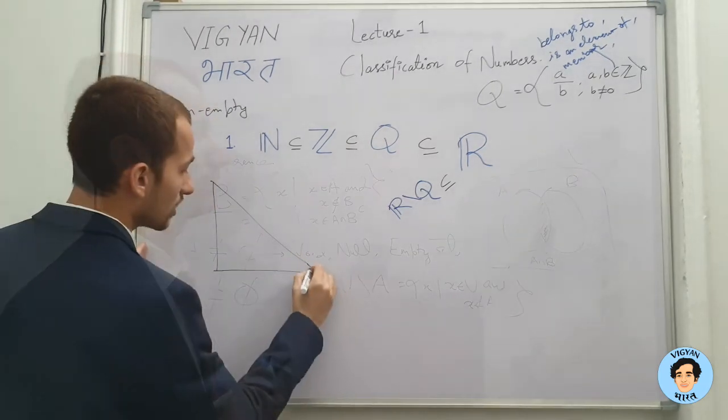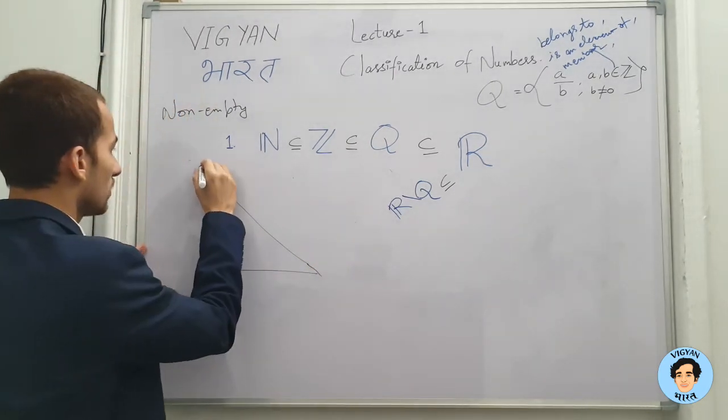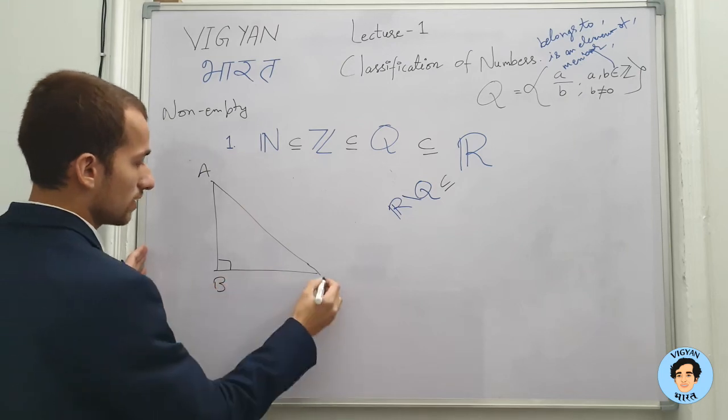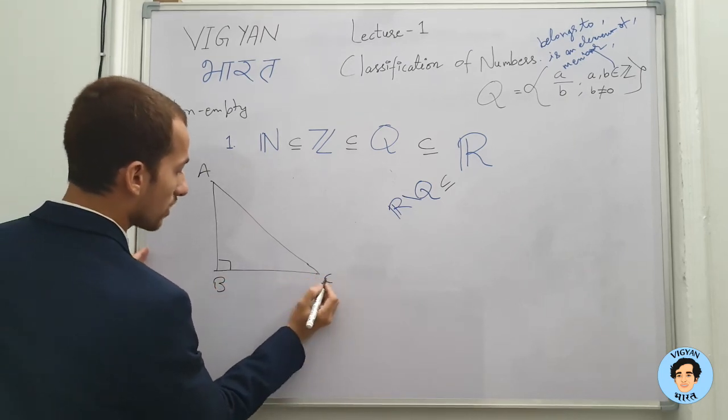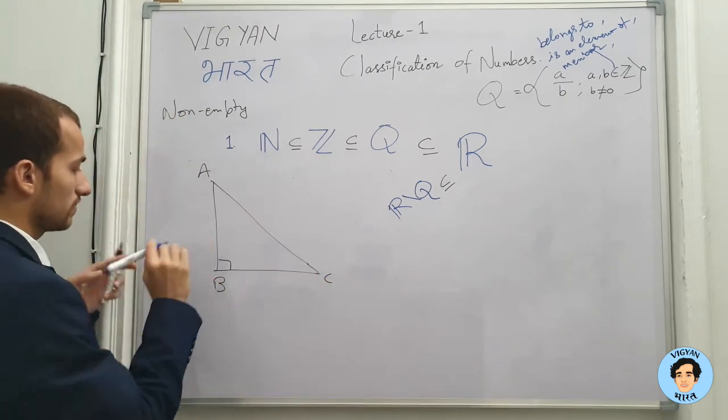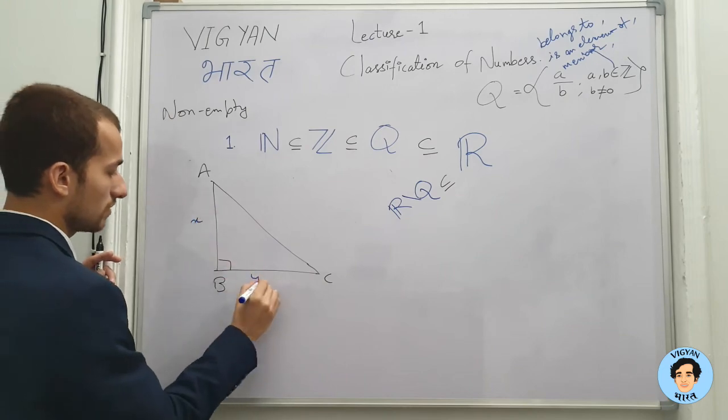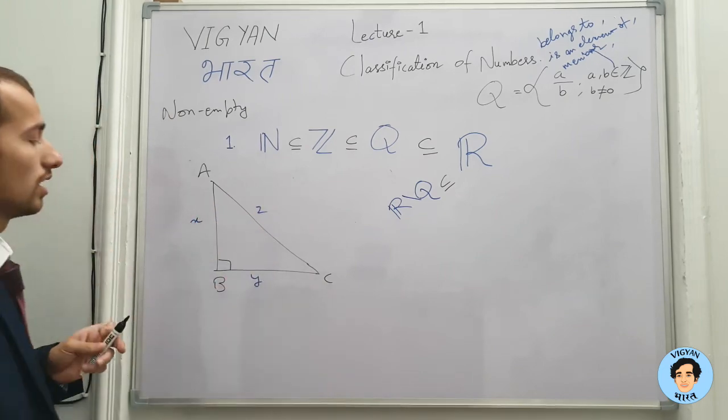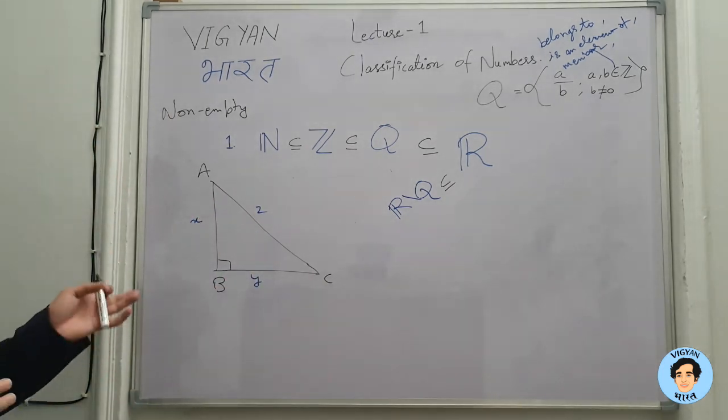Suppose I have a right angle triangle, right angle over B. This is a right angle triangle.